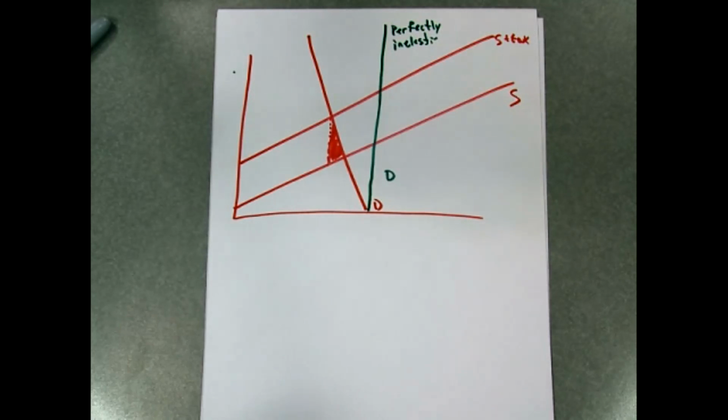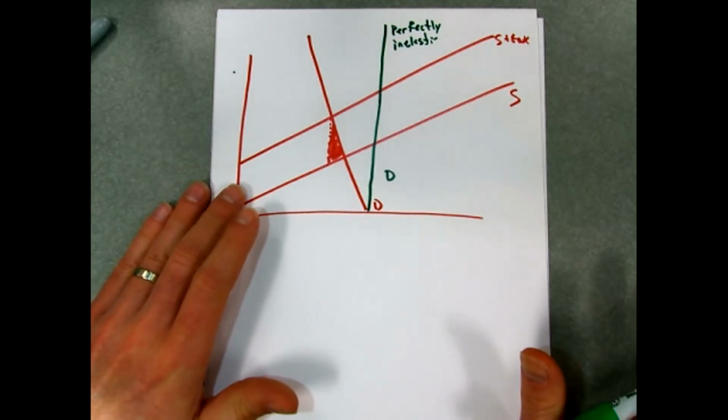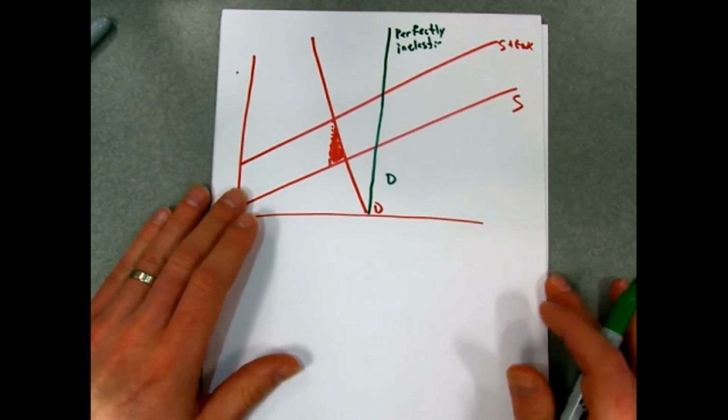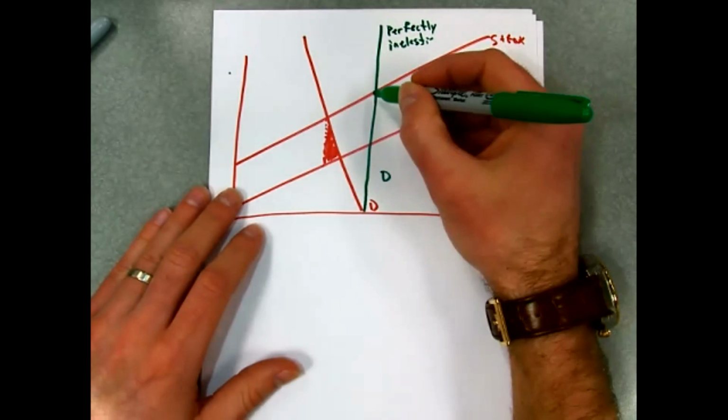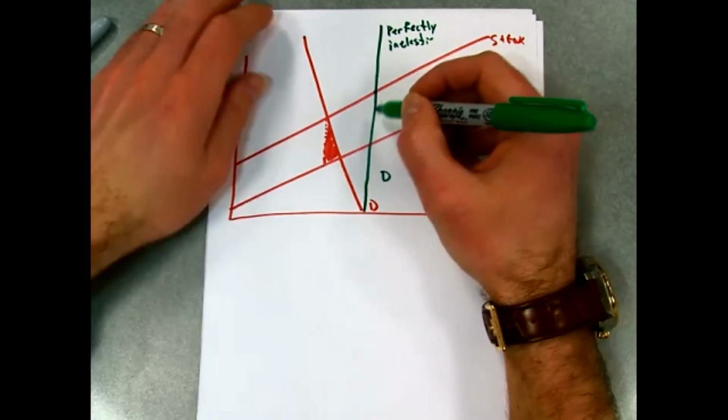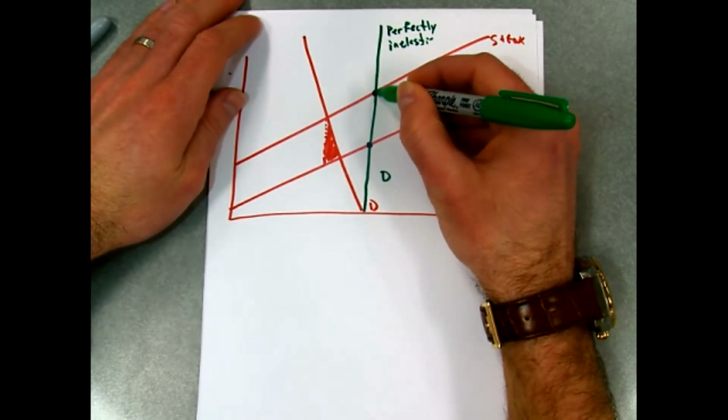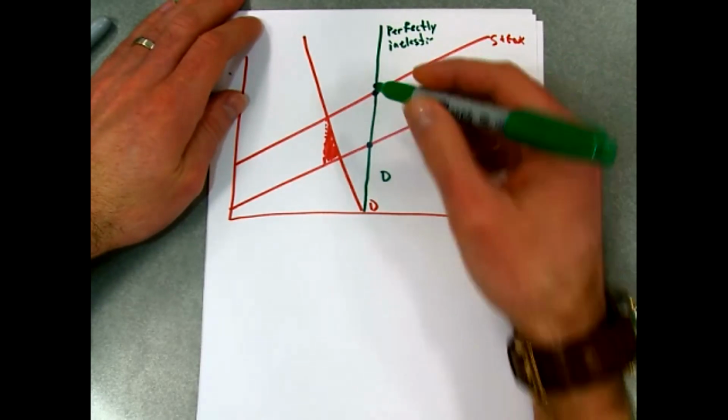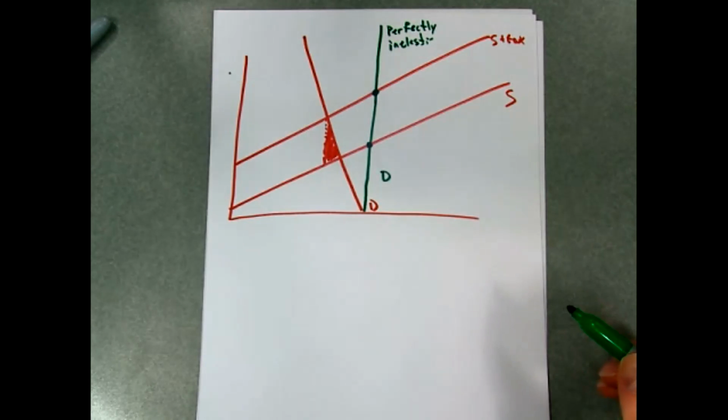I'm not responding at all to these price changes. In that scenario, what's my deadweight loss? Well, after the tax, I can think about where the demand curve hits my supply curve. It's going to be at the exact same point. There's actually no deadweight loss there, right?